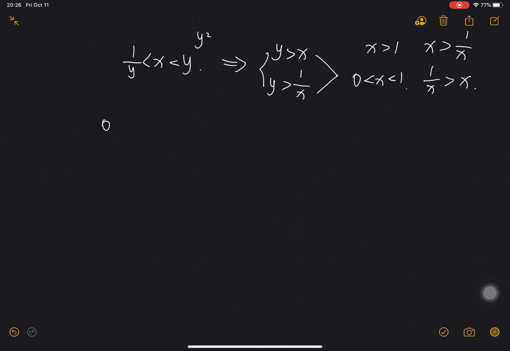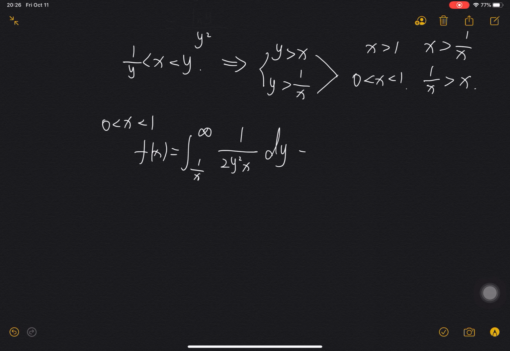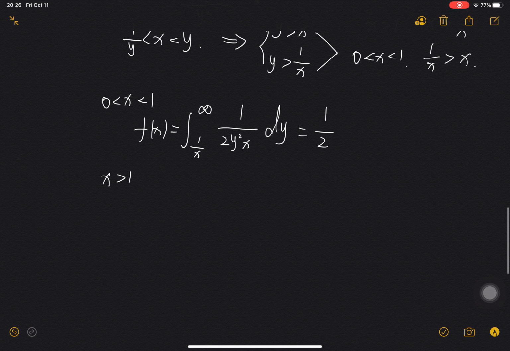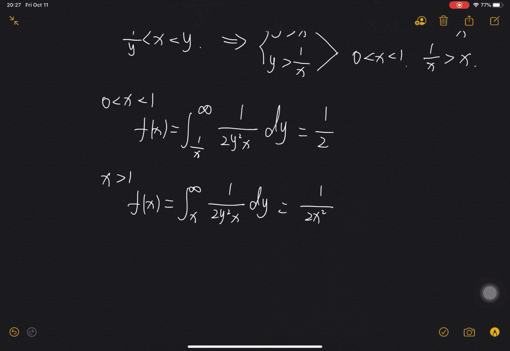So when x is smaller than 1, f_X equals the integral from 1 over x to infinity, which is 1 over 2. And when x is larger than 1, f_X equals the integral from x to infinity, okay.